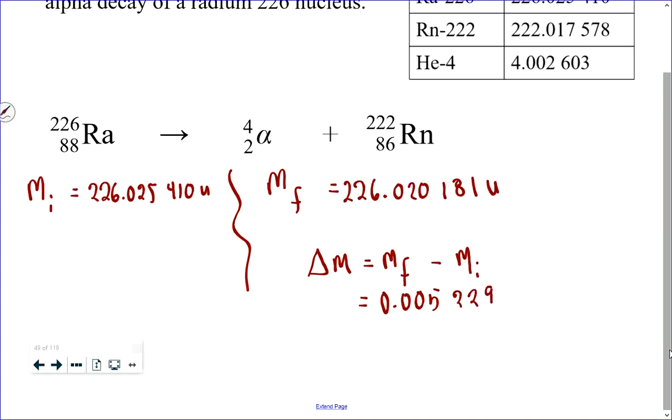How did I do there? Yep. 0.005229 atomic mass units, which means that, and I'm sorry, we do not get that, we get negative, don't we? That's important. It's very important. So we get a loss in mass because the change in the mass is negative.